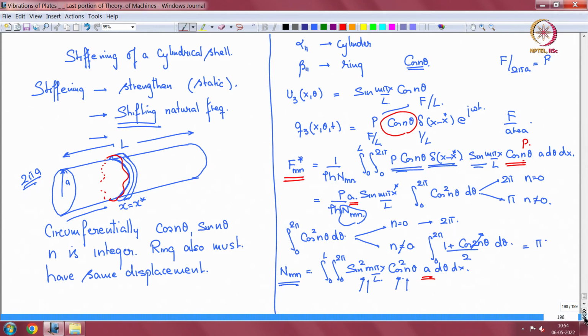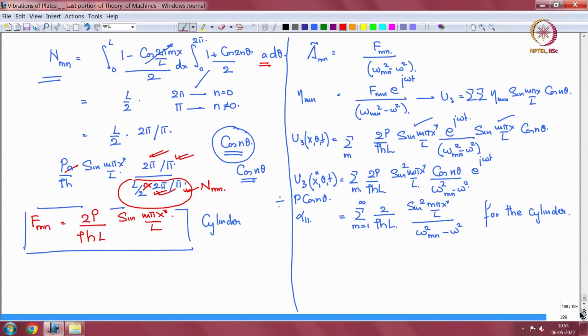Then when we come here, there is no summation over n, because p has to be equal to n. I am just explaining why there is no summation over n over here, because fmn is 0 if n is not equal to p, if cos p theta is not equal to cos n theta. So now we have alpha 11 for the cylinder.